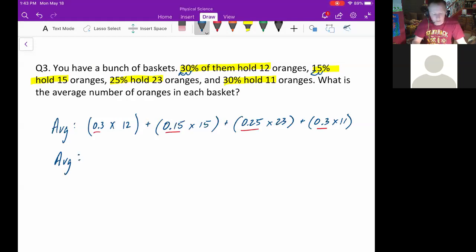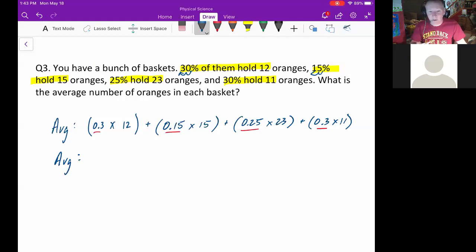So now I'm going to multiply those together. So I take my 0.3 times 12 plus 0.15 times 15 plus 0.25 times 23 plus 0.3 times 11, and then I just hit equals. So I can use a parentheses if I want.